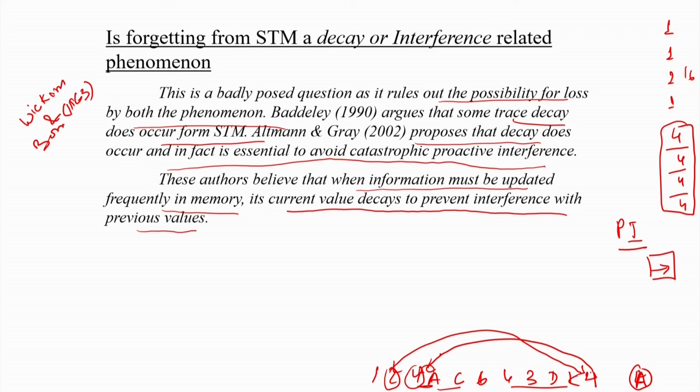But if the last item is A, or 4 and A comes in before 4, in these cases A is remembered more. So, if the item which appears after the first occurrence of the probe is a different type from the probe, then proactive interference will be much less, because of the phenomenon called release from proactive interference.